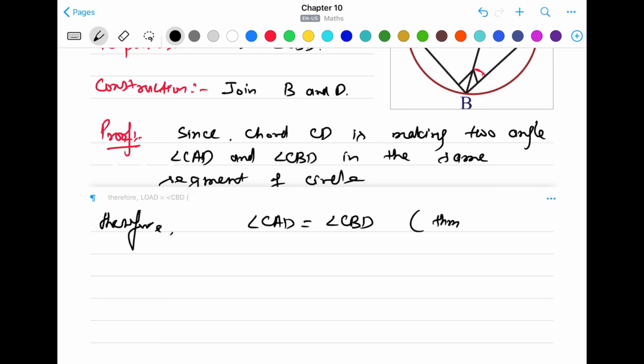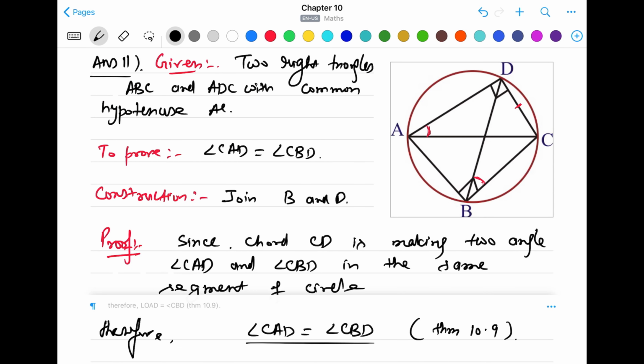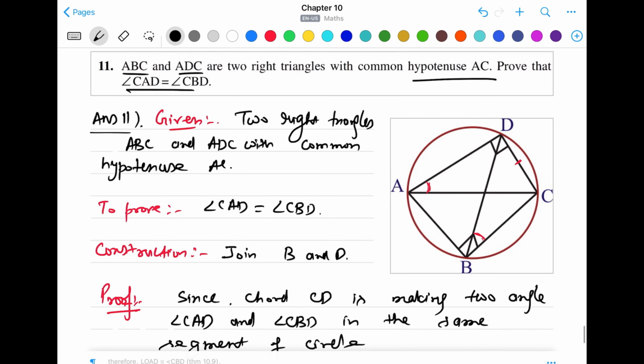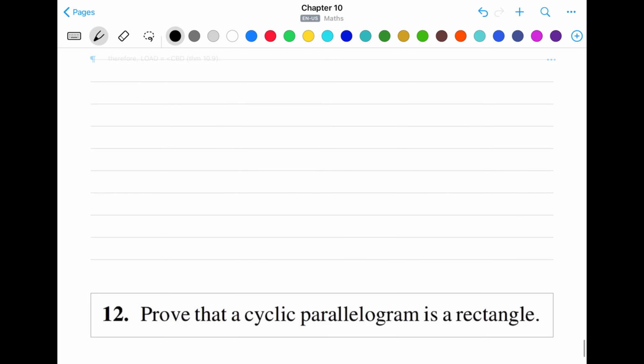This is theorem 10.9. You will write the statement of the theorem here, that is, angles in the same segment of a circle are equal. So we have proved that these two angles are equal. This is by simply using theorem 10.9. Okay, so that's the solution for question number 11.